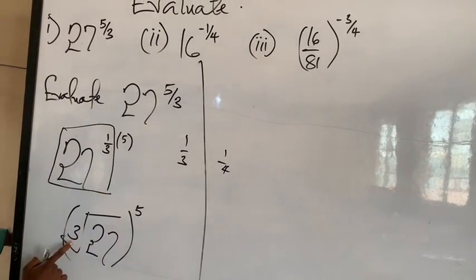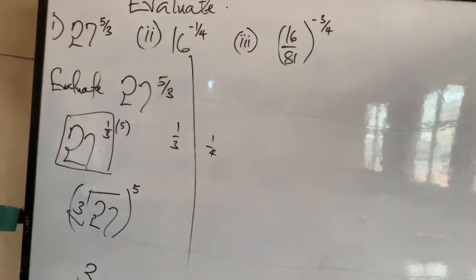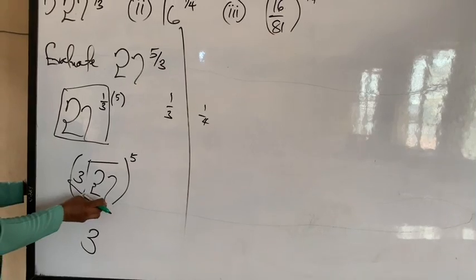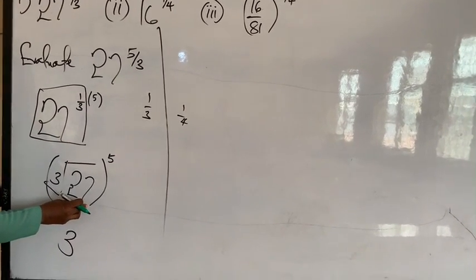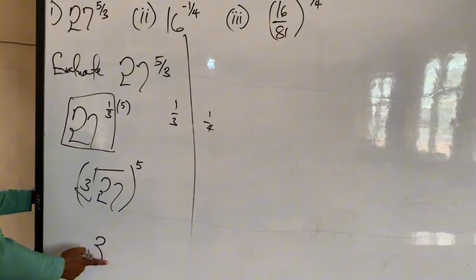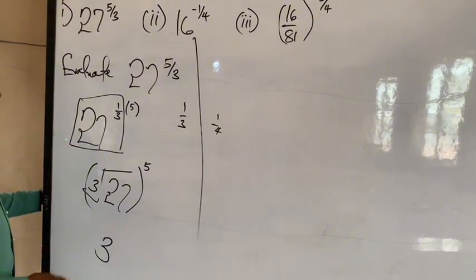So now, what's the cube root of 27? That will give us 3, because cube root means what are you going to multiply 3 times to get what you have inside here? It's very simple. 3 times 3, 9, times 3 again, 27. So the cube root of 27 is actually 3.